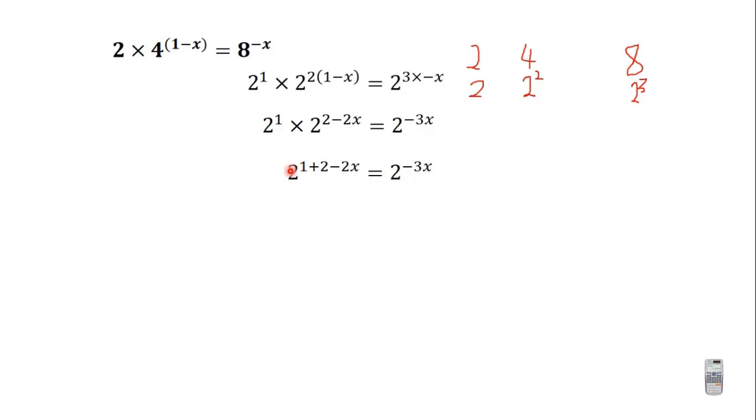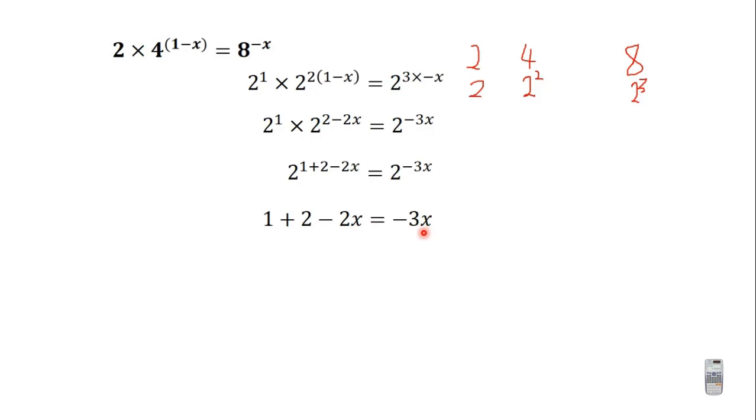So we have one term on the left hand side, we have another term on the right hand side. They have the same base 2, so we can equate the exponents. The exponent on the left hand side is 1 plus 2 minus 2x. The exponent on the right hand side is minus 3x. So we have 1 plus 2 minus 2x is equal to minus 3x.